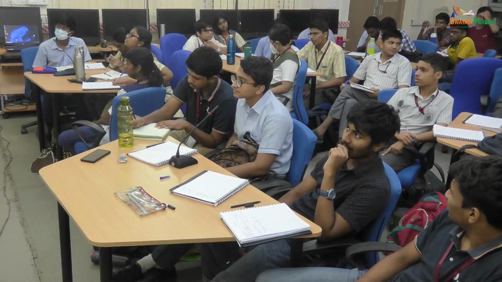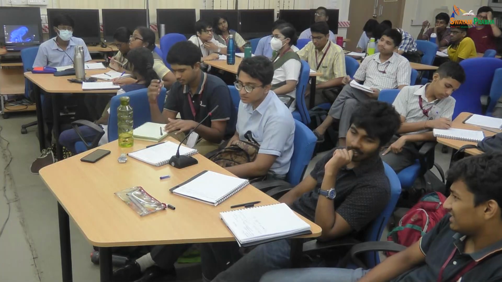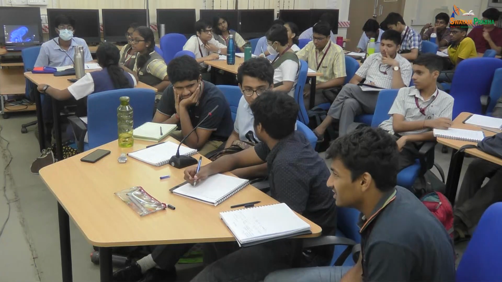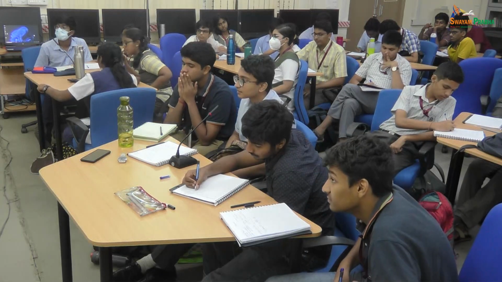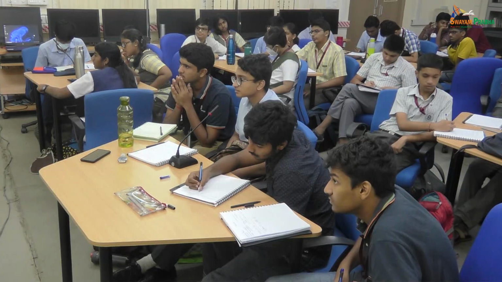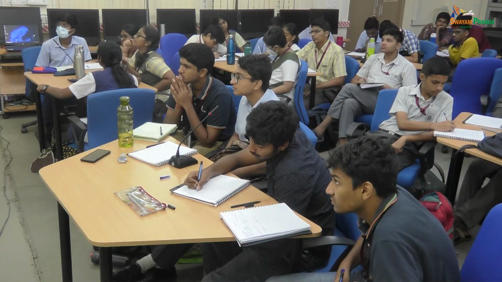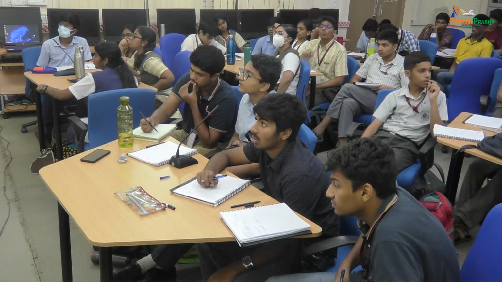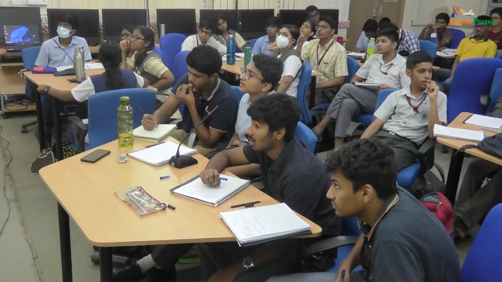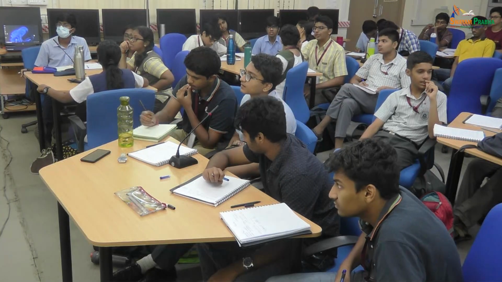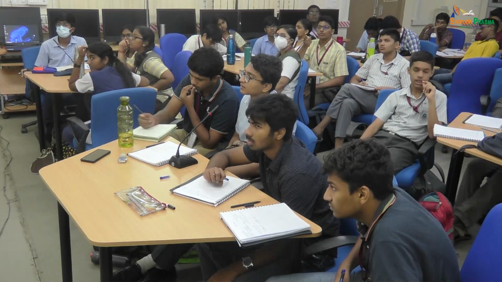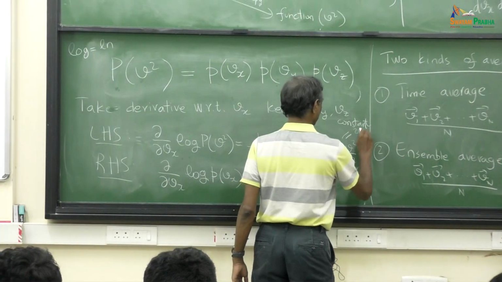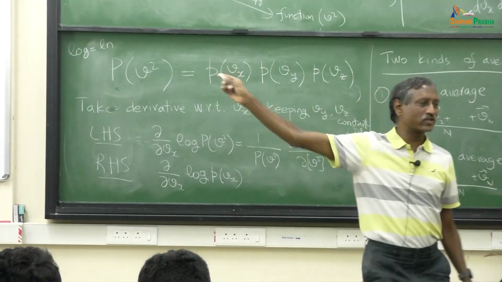So that would be now d by dvx. These two have to be equal. Okay, but can someone tell me what is d by dvx of v square? Two vx. Okay, because vy square, vz square are constant.